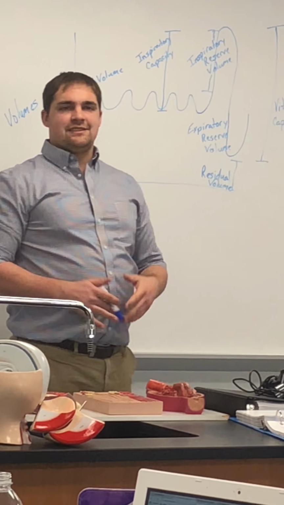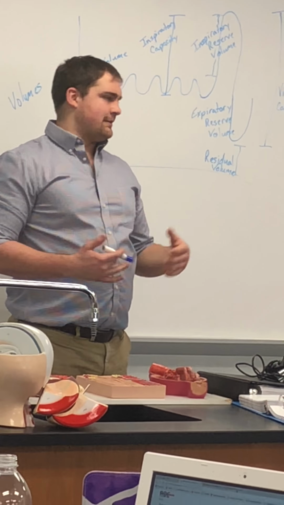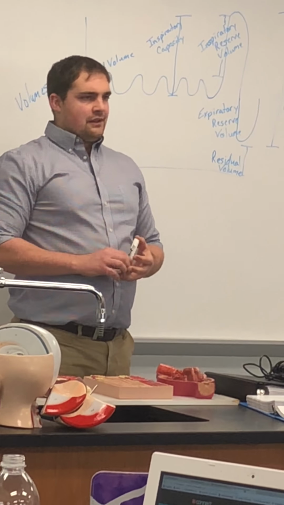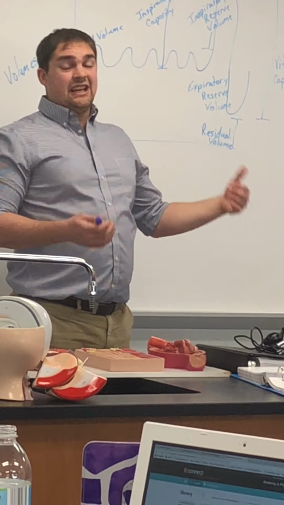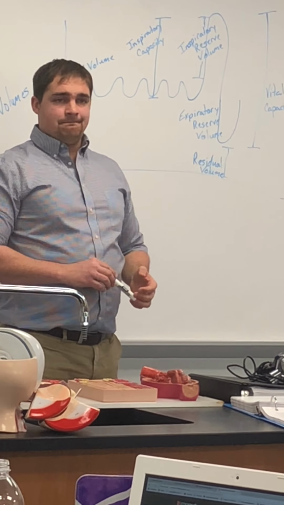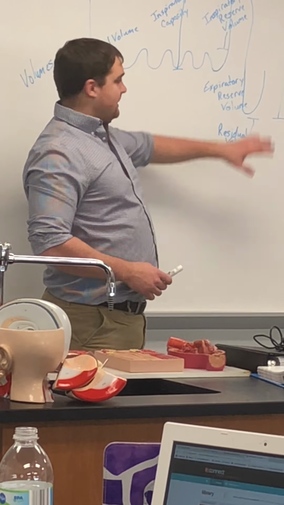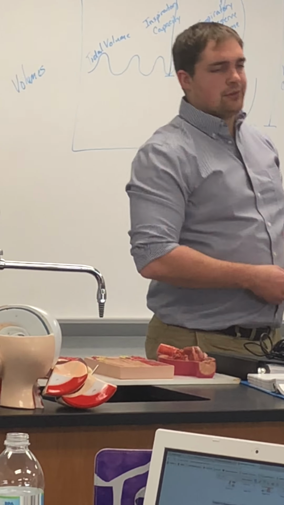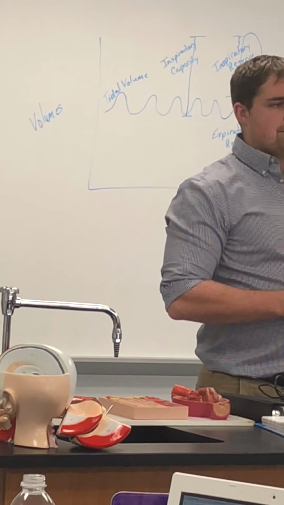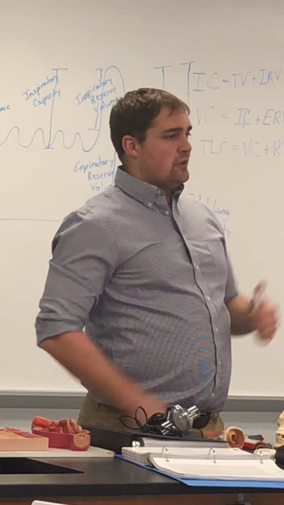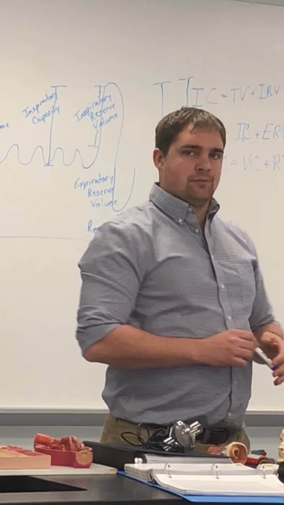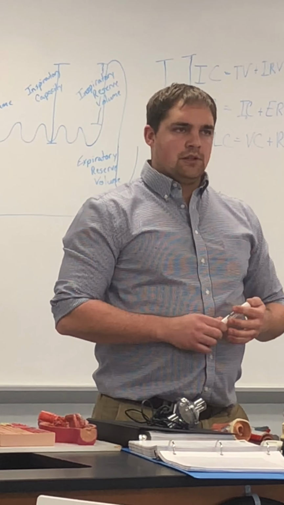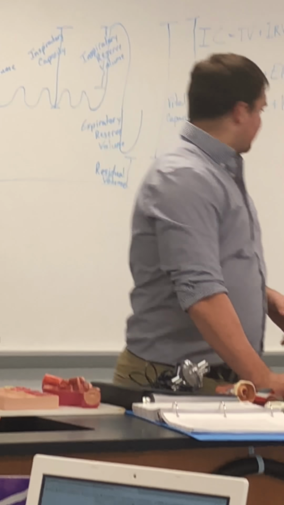And you can say, oh, that's inspiratory reserve capacity, something along those lines. So that would be how this station will be set up on the lab exam. It'll be a chart, it's labeled, and you will have to come up with the terms for the appropriate volumes and capacities. So we'll start getting set up here.